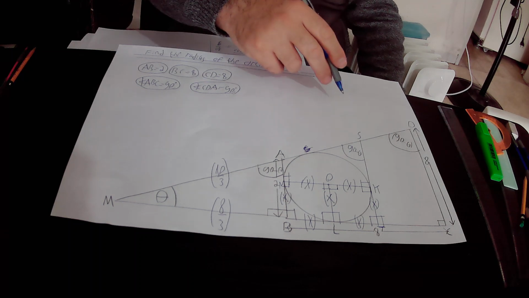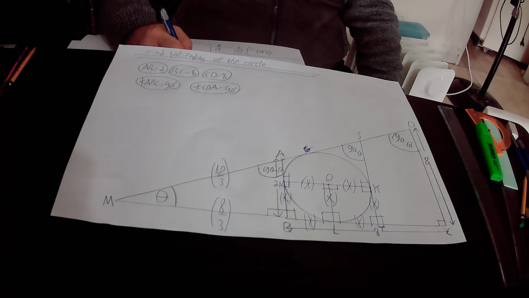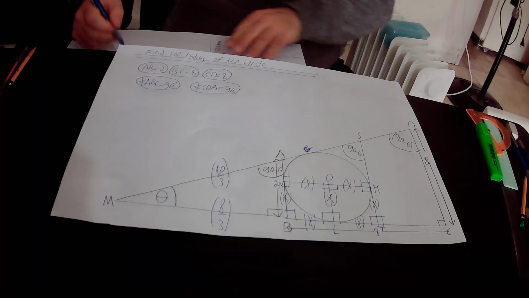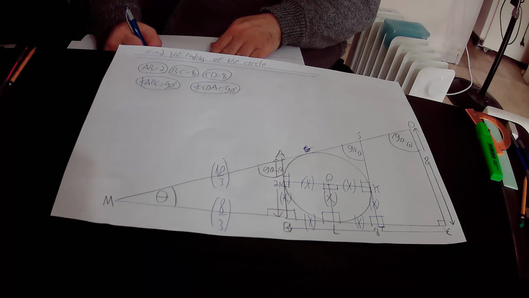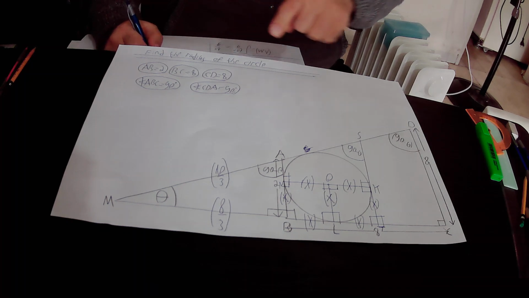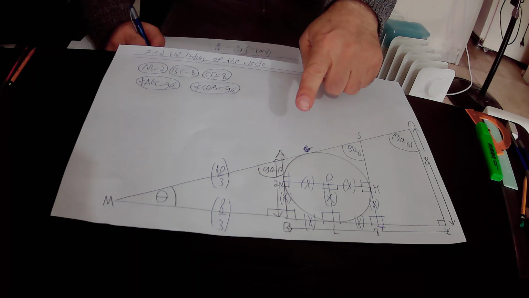The middle right triangle STM is similar to the smallest right triangle, triangle MBA.